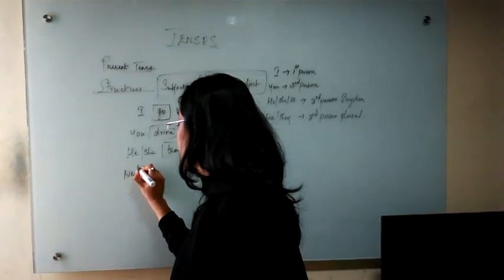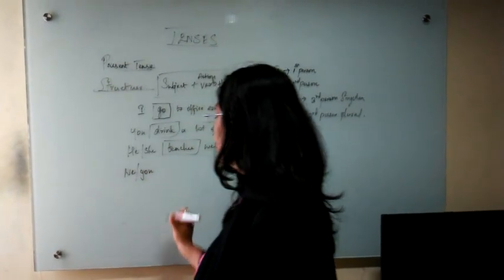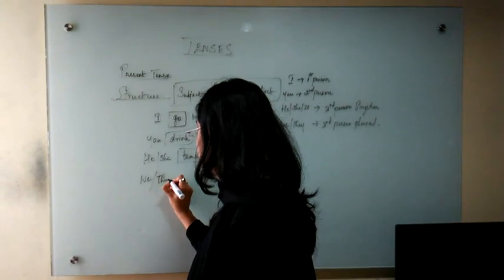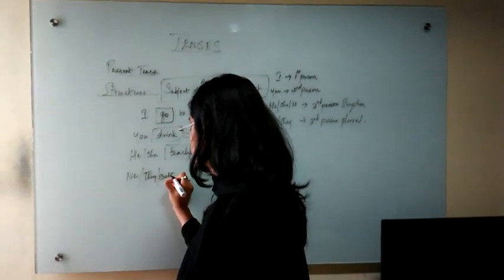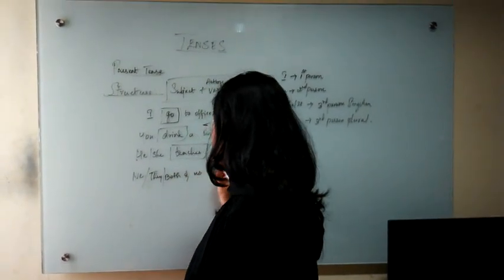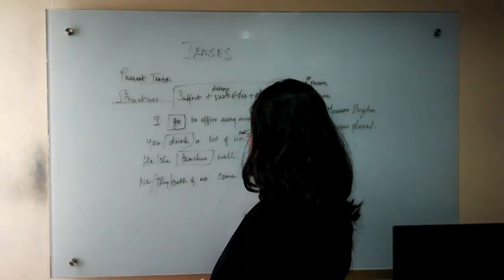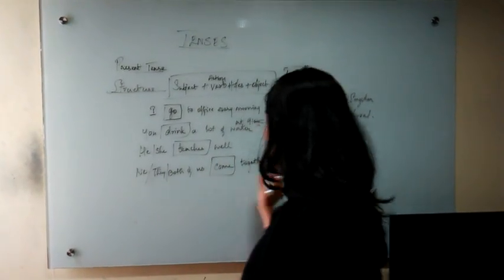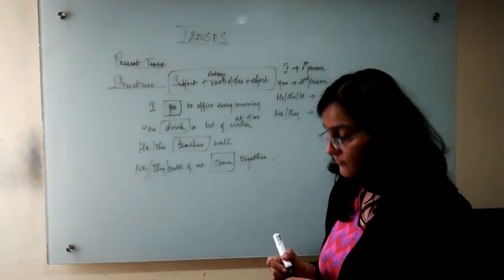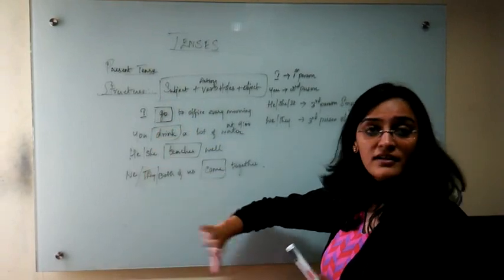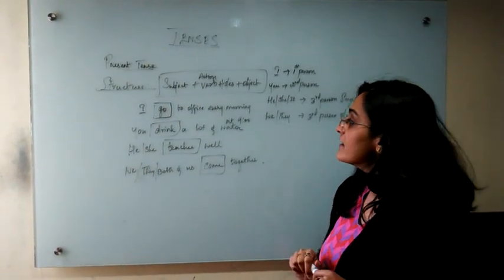Then for we, they, that's third person plural, more than one person. You can say we, they, both of us come together. We come together. So all these things are when we use simple present tense. This is how you need to form the sentences.